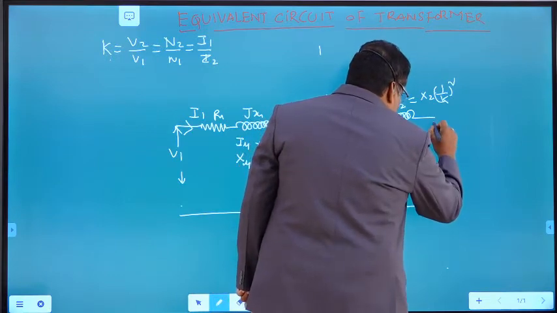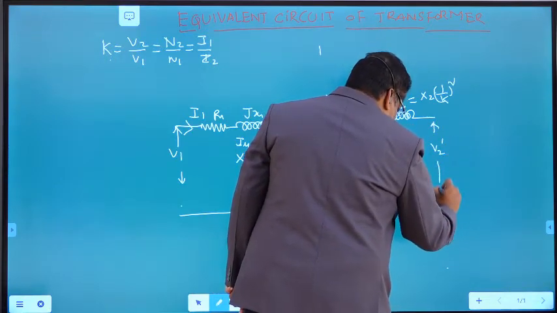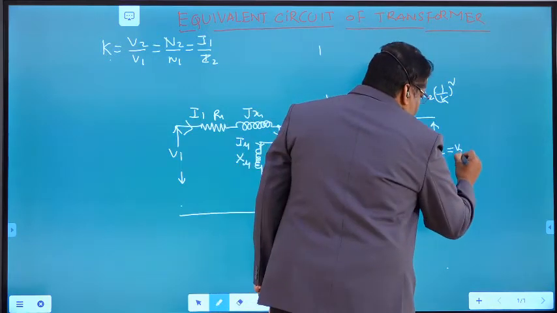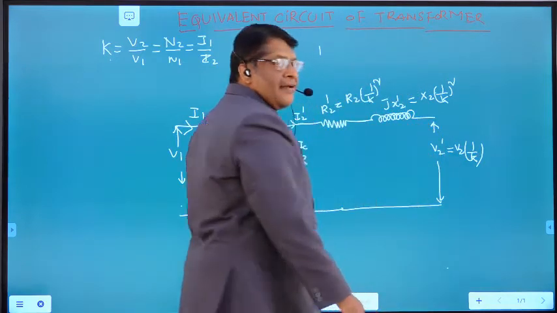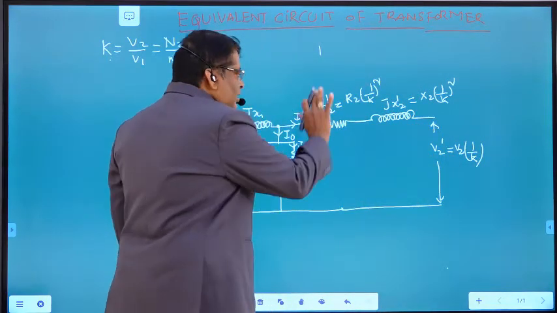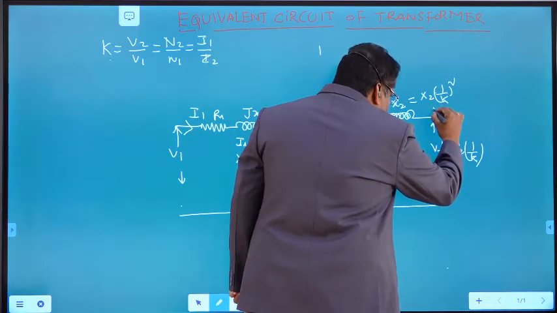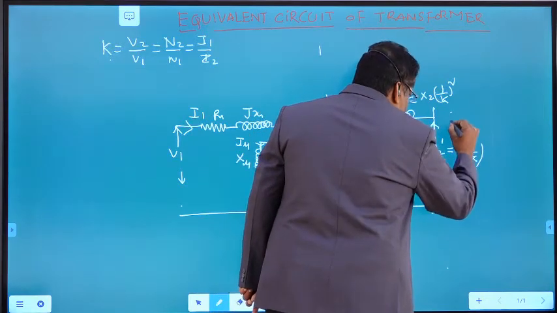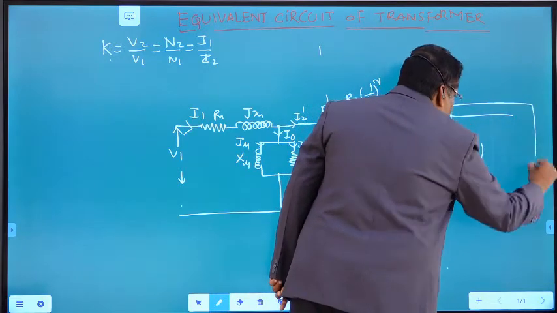See here, we know V2 dash. V2 dash equal to V2 into 1 by K. This is the equivalent circuit. Here at this junction, we are getting a transformer.